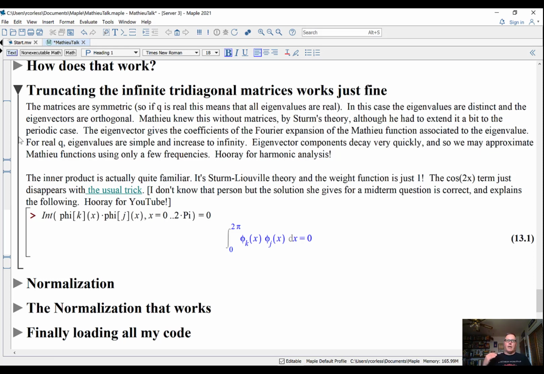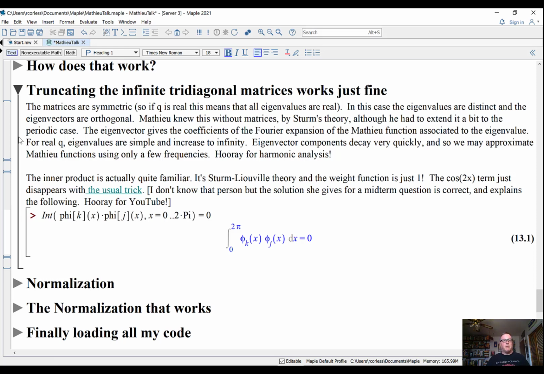Sturm didn't do the case with periodic boundary conditions, but it works anyway. Okay, so Mathieu made that extension to periodic boundary conditions. And once you've got the eigenvalue, then the eigenvector is easy, and the eigenvector entries give you the coefficients of the Fourier expansions of the Mathieu function associated to the eigenvalue.